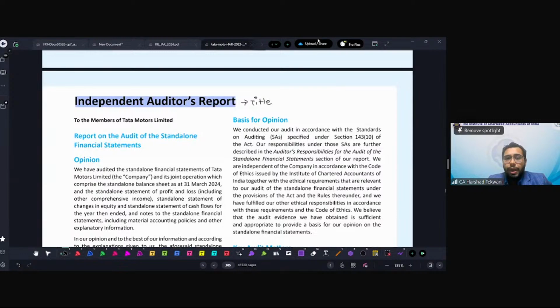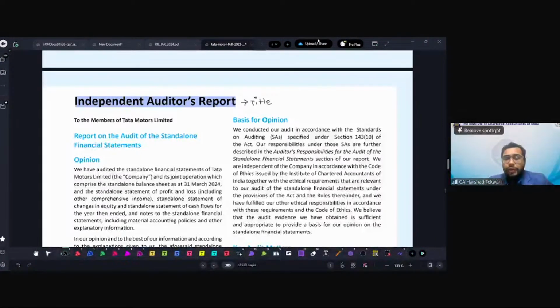This is the minimum required to mention in your audit report. So this is the basic and minimum required thing that you are required to mention in your audit report, the way we are discussing as of now. In order to form an opinion on the financial statement, you have to draft the opinion in a way that it is in line with all these standards.